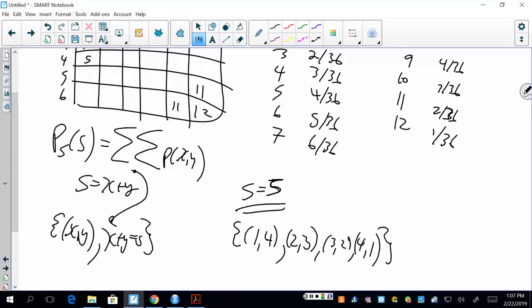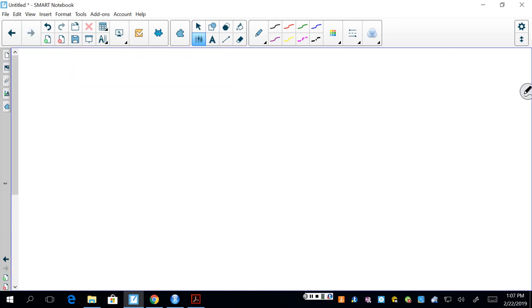Now this joint distribution stuff also applies to continuous variables, so at least we're going to look at this briefly. But any questions on the discrete ones, on some of these examples? So we're just going to touch on it to introduce that there are joint distributions for continuous random variables.